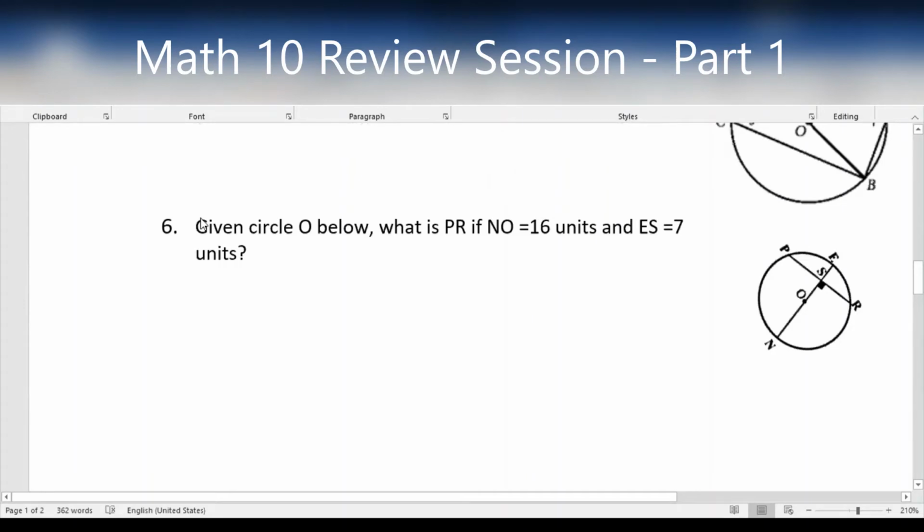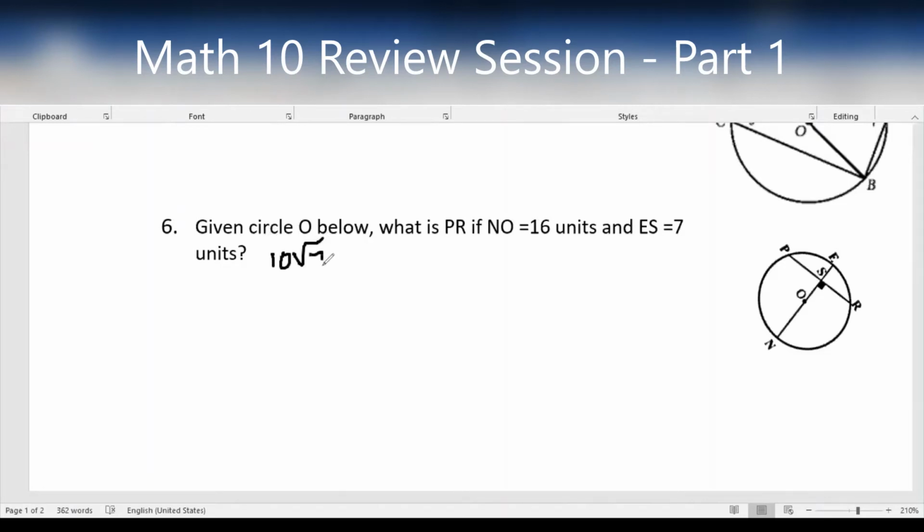Okay, Jillian, discuss to them why the answer is 26.46. 16 squared subtracted by 9 squared equals 175. That is SR squared, which is half of PR.